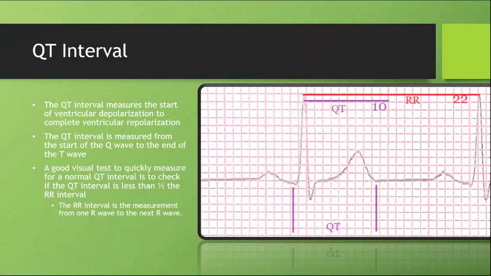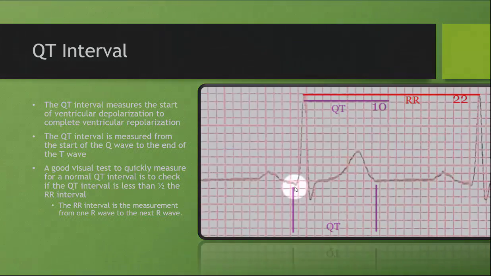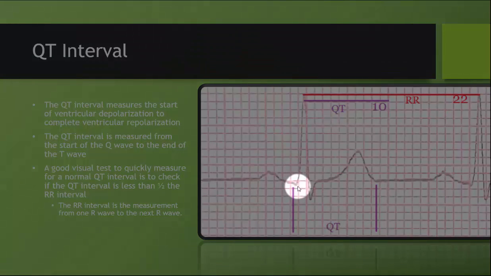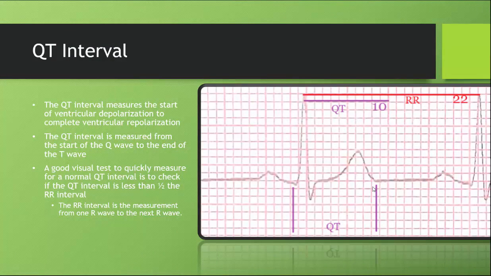The QT interval measures the start of ventricular depolarization to the complete ventricular repolarization. If you look over here, you can see the QT interval is measured right from the first Q wave all the way to the end of the T wave. A good visual test for a normal QT interval is to check whether the QT interval is less than 1/2 of the R to R interval.